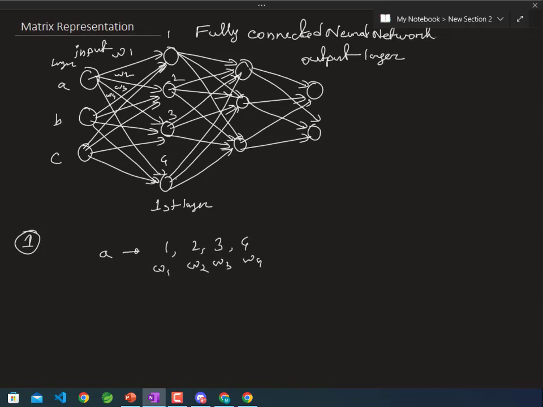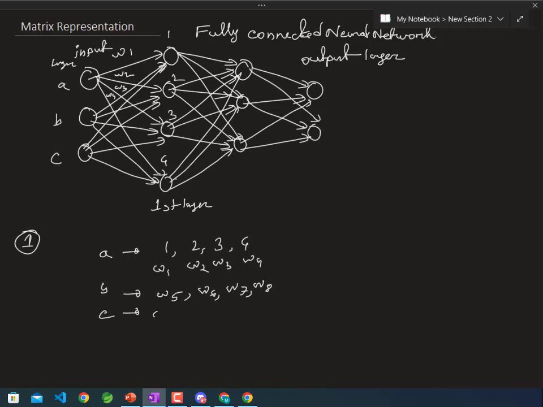These are the associated weights, denoting the connections from A to the neural nodes 1, 2, 3, 4. From B, the connections to 1, 2, 3, 4 are considered as W5, W6, W7, W8.